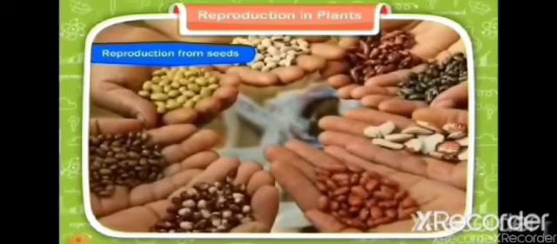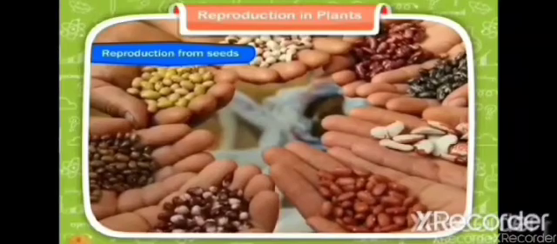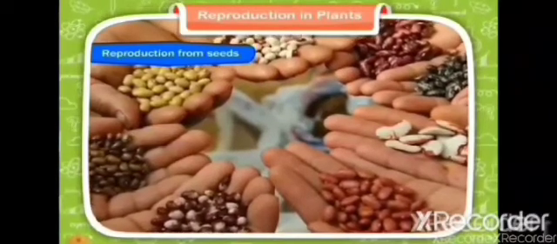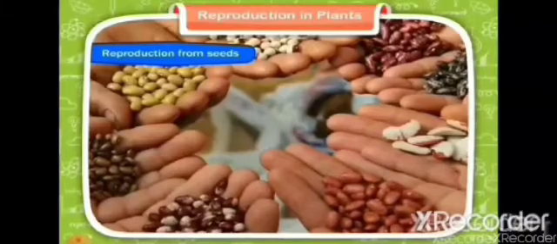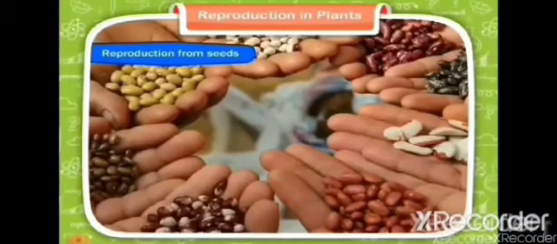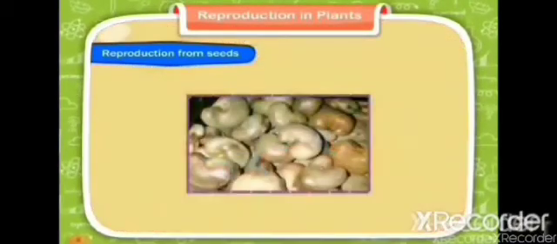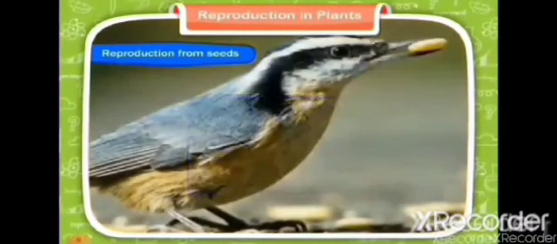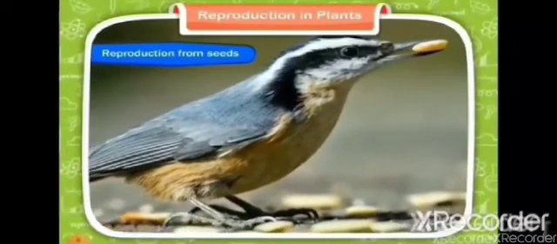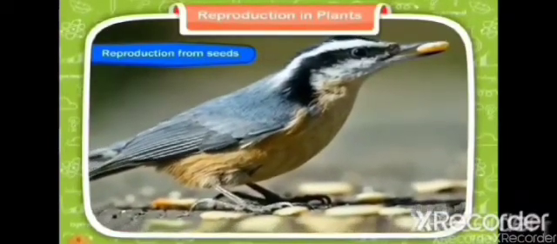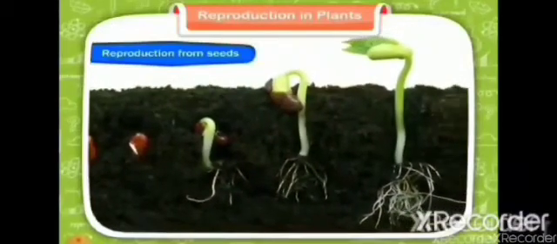Some seeds are not fully developed, so they can't grow into a new plant. Some seeds have some diseases or defects in them, while some seeds are eaten by birds. So only fully grown or healthy intact seeds can grow into a plant.